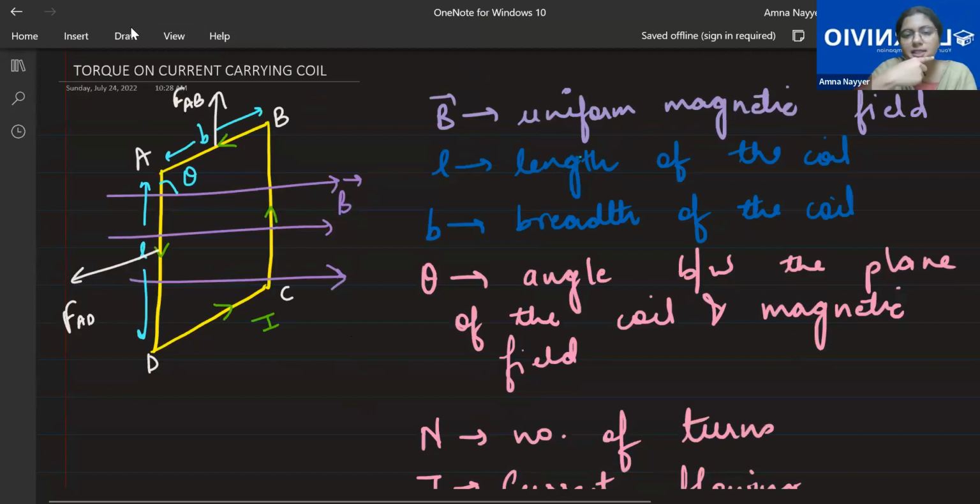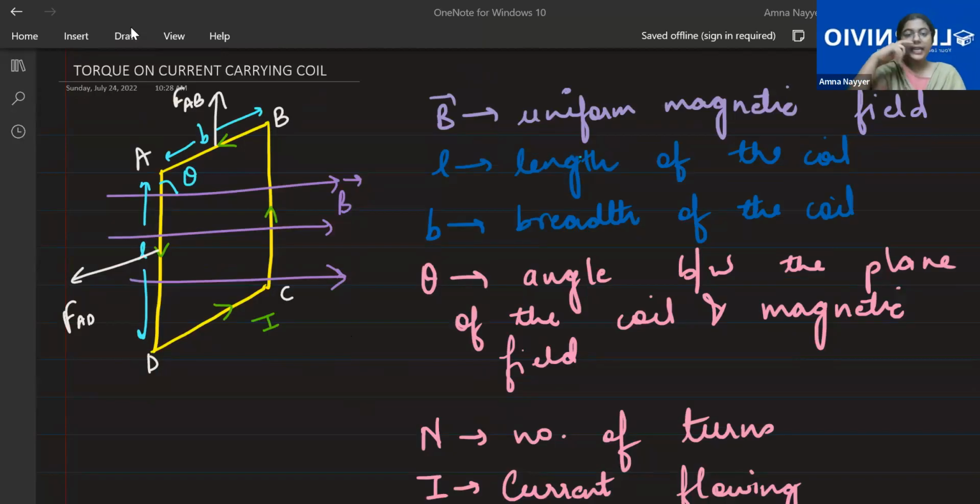Yes, Ibrahim, your answer? Muniba? Current is inwards, magnetic field is rightwards. So first put your palm inwards. Ibrahim, what about you? Any answers?